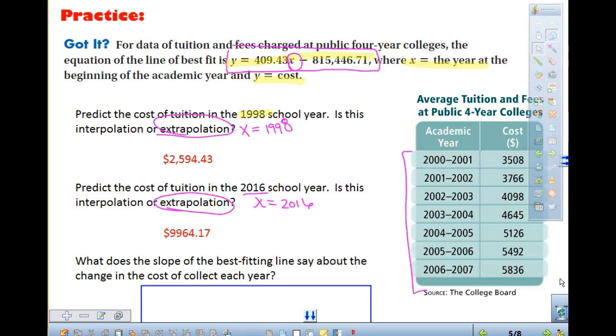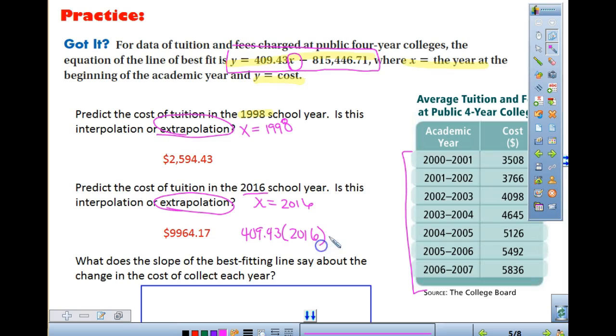Question? So when you put it in, you should have put in 409.43 times 2016 minus the 815,446.71. Did you get all that in the calculator? I'm not sure. Then I'll have to look at how you put it in.